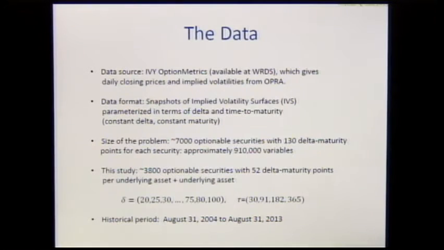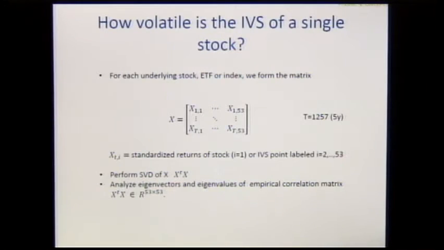They are here: the 20 delta to 100 delta calls or puts, and maturities 30 days, 90 days, 6 months, and 1 year. So it's a grid. So we take that grid, and that is our points. And we want to find out the grid and the stock, how they move. Do they all move together?